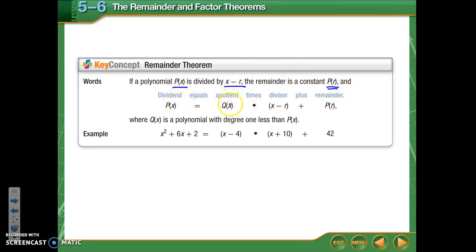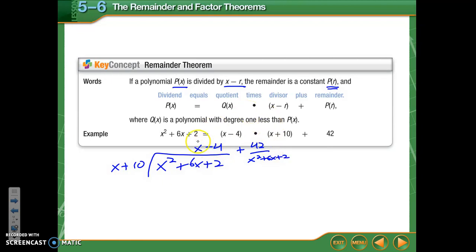So I get my quotient times my divisor plus the remainder gives me my original polynomial, right? So for example, if I take x squared plus 6x plus 2 and I divide it by x plus 10, so if we were going to write out what this would look like, and I were to divide this by x plus 10, we would get x minus 4, and my remainder would be 42 over x plus 10.